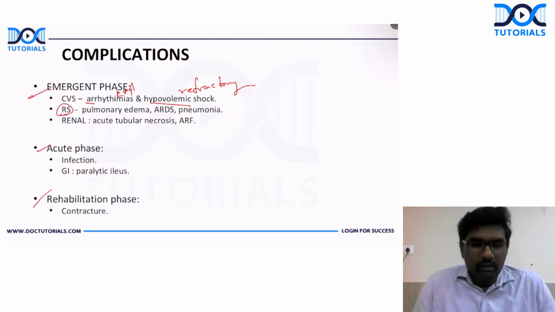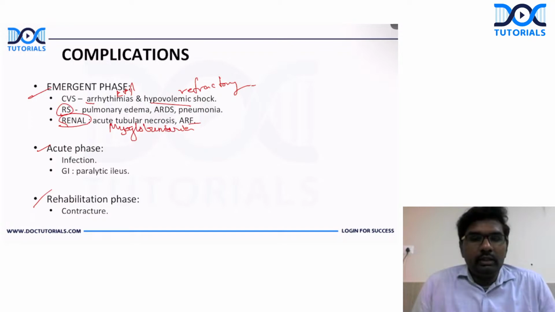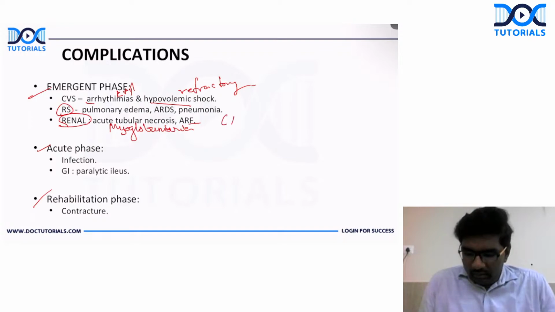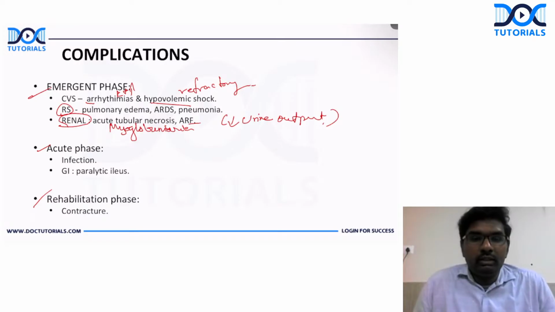In the respiratory system, the patient can develop pulmonary edema, acute respiratory distress syndrome, and pneumonia. In the renal system, the patient can develop acute tubular necrosis, because of hemoglobinuria or myoglobinuria, and of course acute renal failure or acute kidney injury with a drop in urine output. The patient can become oliguric or even anuric. This is about the renal system.